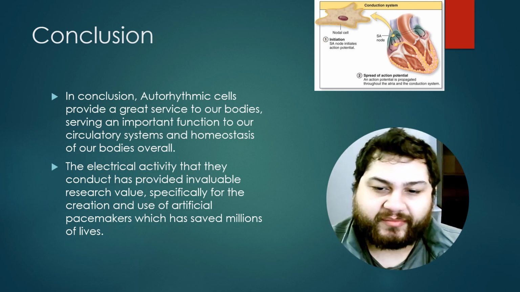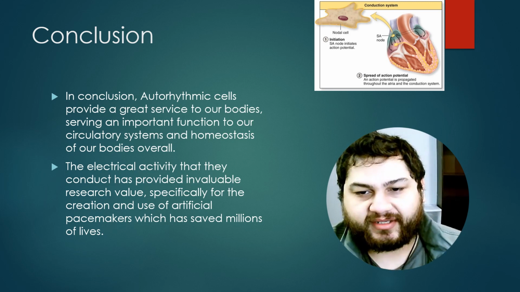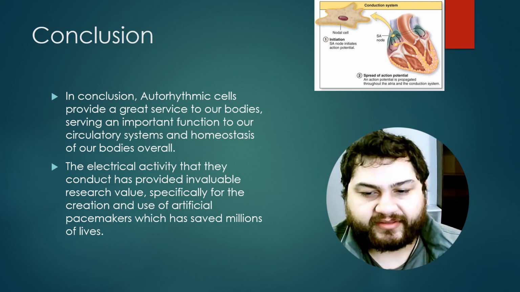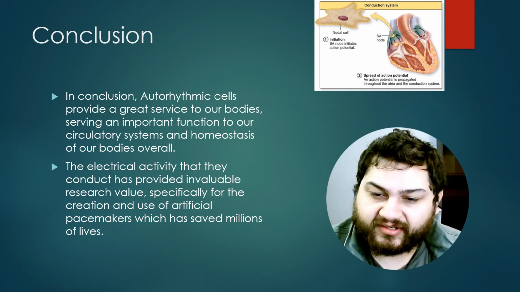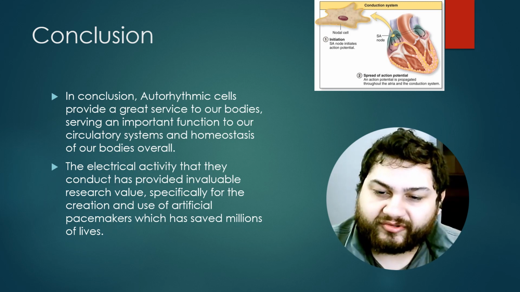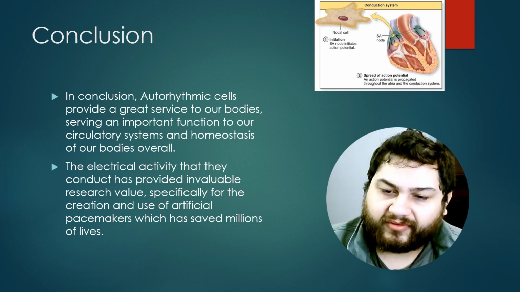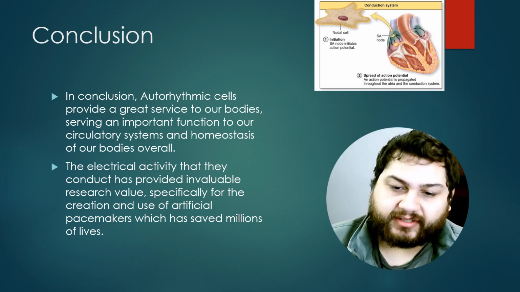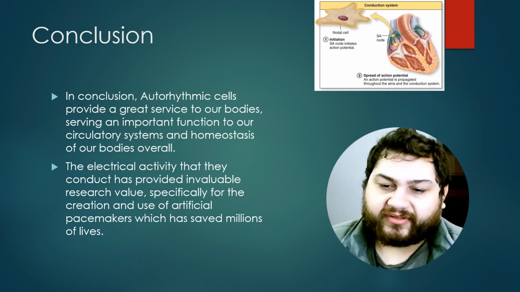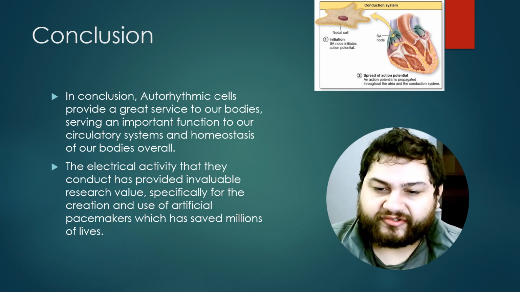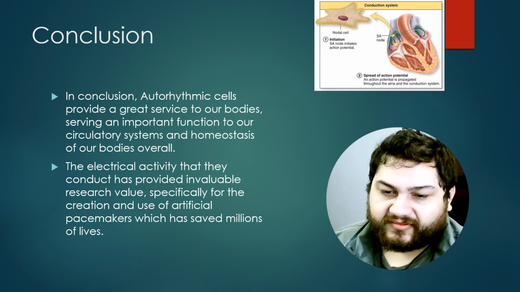So that has been my presentation on autorhythmic cells. The key takeaways I would note are that their action potential is a volatile one, and they are responsible for the contraction of the heart around them, allowing blood flow to take place and be maintained, and a lot of the systems around that react specifically to the current of the electrical activity that these cells produce.